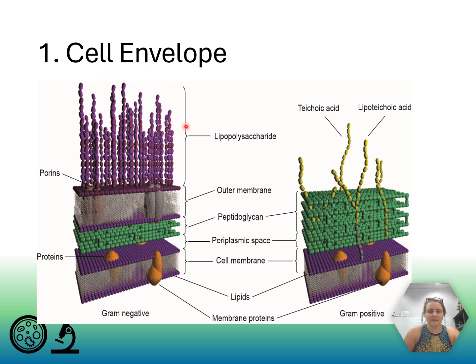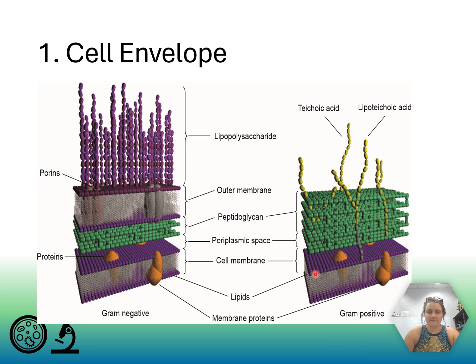And these lipopolysaccharides in a gram-negative bacteria are the way that gram-negative bacteria interact with the environment. So if you think about maybe wanting to get rid of a gram-negative bacteria, interfering with its ability to interact with the environment is one way that we could potentially interfere with this cell.